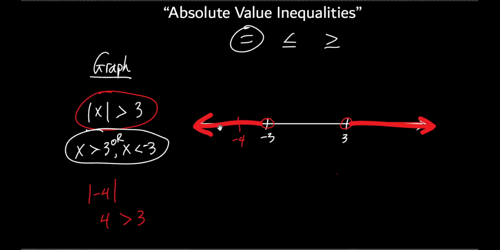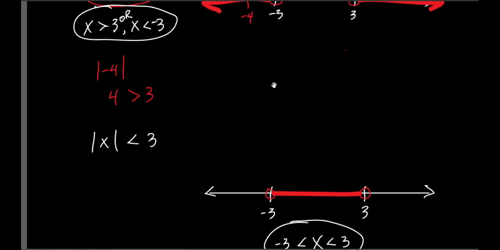It goes in opposite directions, okay? Everybody see that? Because it keeps on going that way, keeps on going that way. And then the less than is in between the two. So the greater than goes to the outsides, and the less than goes in between. If you can remember that, that really helps you with your graphs here.